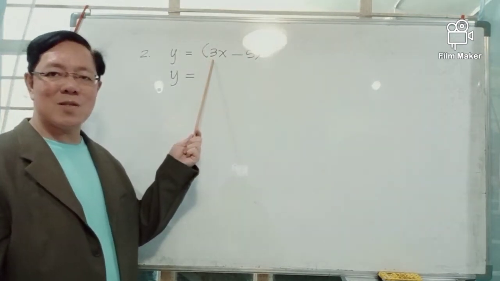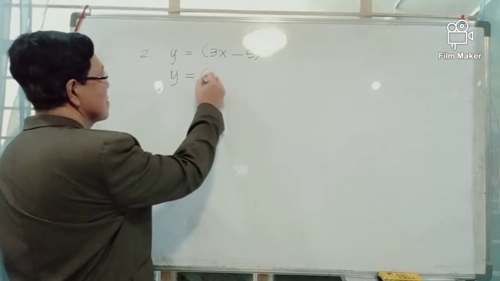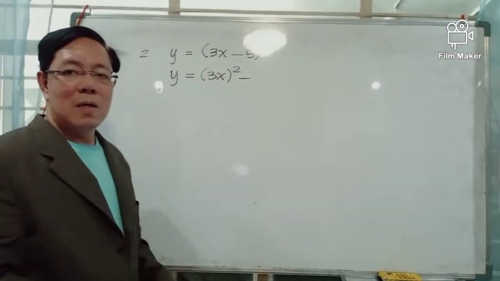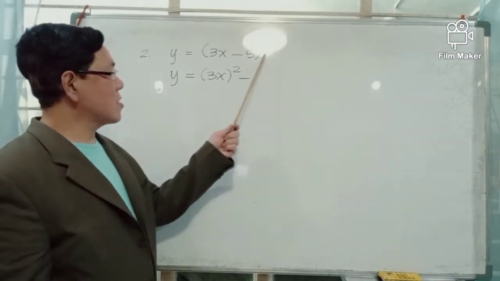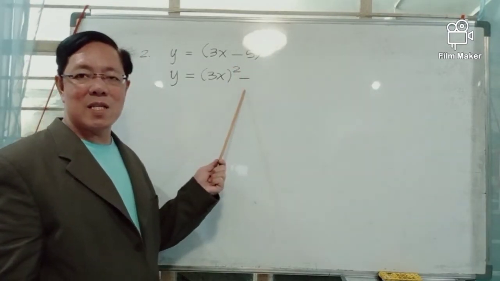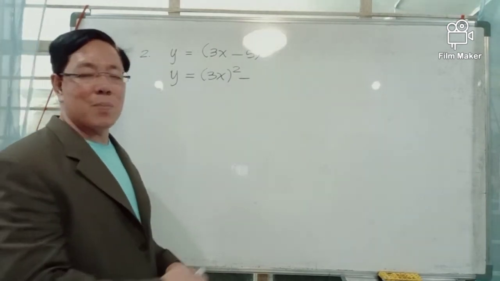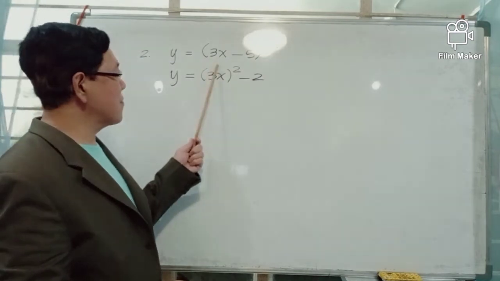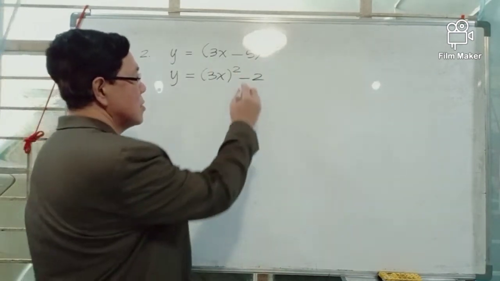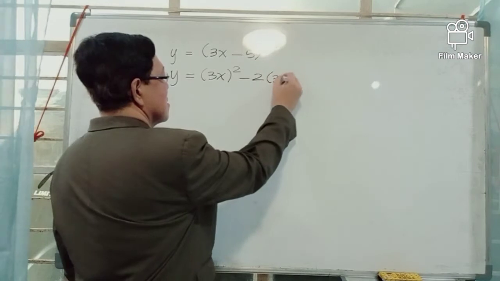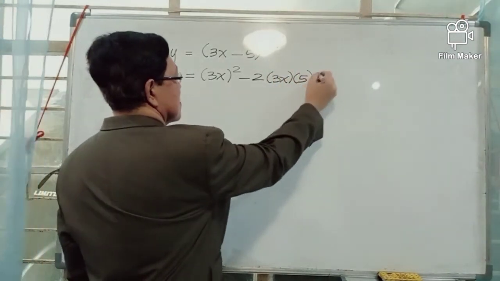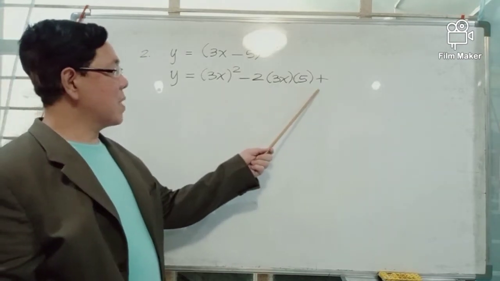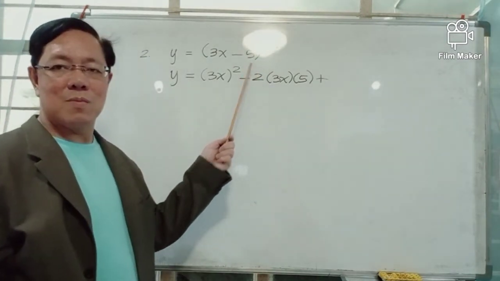The first term is 3x, squared. Minus, for the square of the difference, the second term is negative, twice the product of the first and the second terms, 2 times 3x times 5. And the last term is positive, plus the square of the second term, the square of 5.